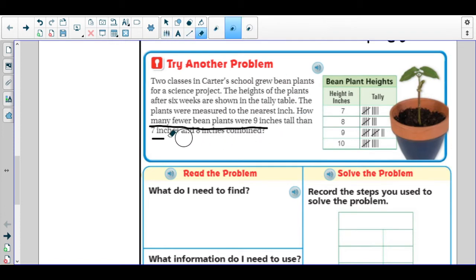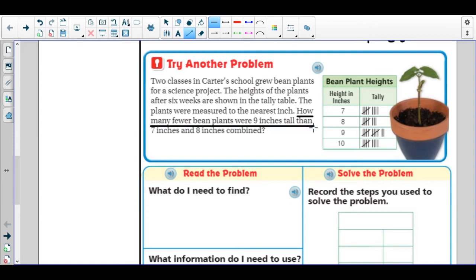Now that seems like a lot, but I think this table is going to help us out. And that word, combined, sounds like a math word to me. So we'll see what we get there.